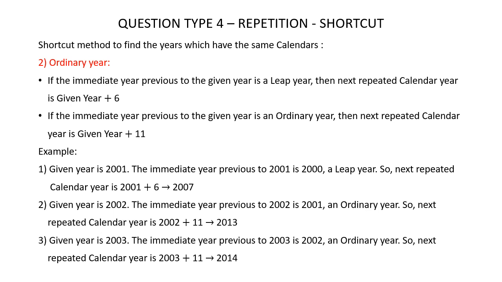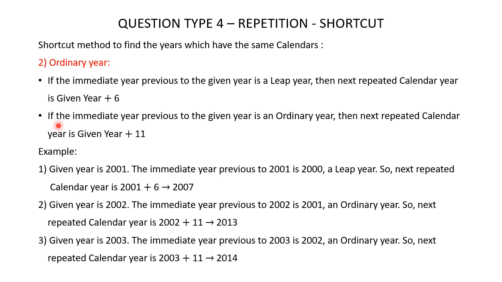Clearly 2001 is an ordinary year. The immediate year previous to 2001 is 2000. Now 2000 is a leap year. So the next repeated calendar year is 2001 plus 6, which is 2007. So the calendar of the year 2001 repeats in the year 2007.